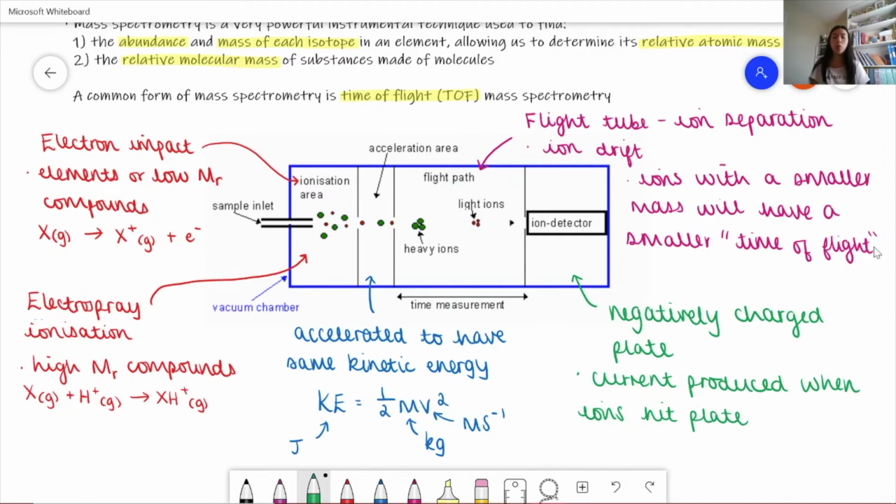And so what we can form from this detector is what we call a mass spectrum. And this shows the number of particles or the abundance of each mass that hits the detector.